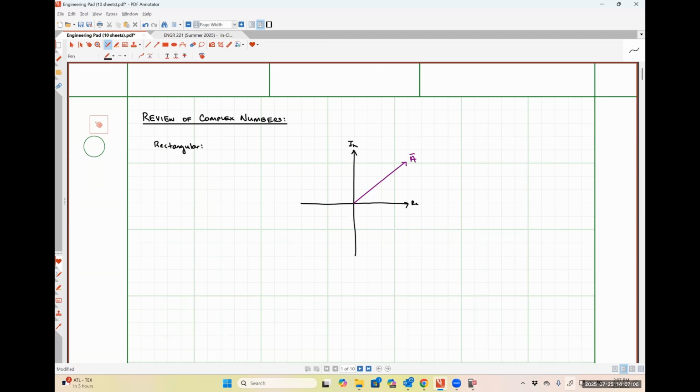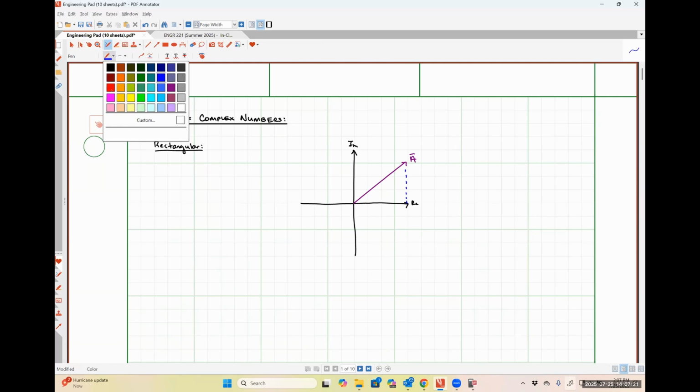So what I'm going to do is essentially draw a projection of this complex number onto the real axis, and a projection of this complex number onto the imaginary axis like so. I'm going to call this real part lowercase a, and I'm going to call this imaginary part lowercase b.